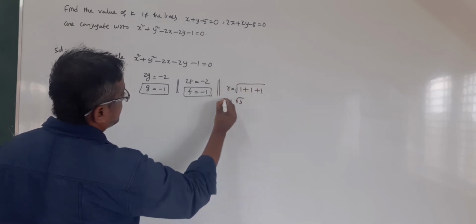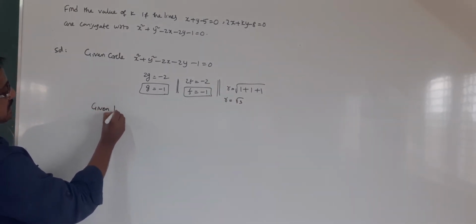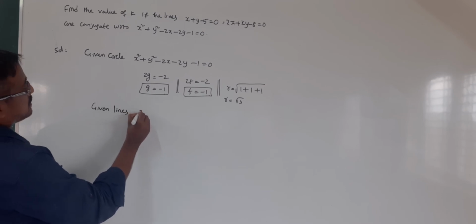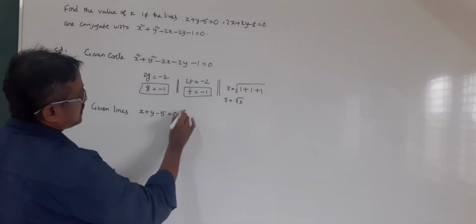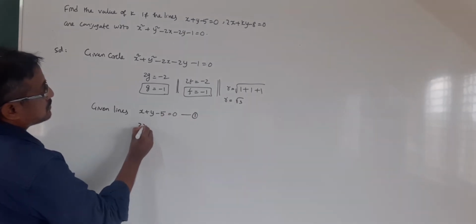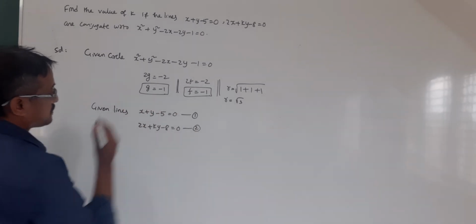So it will be root 3. Now given lines x plus y minus 5 equal to 0, let it be equation 1. 2x plus ky minus 8 equal to 0, equation 2.